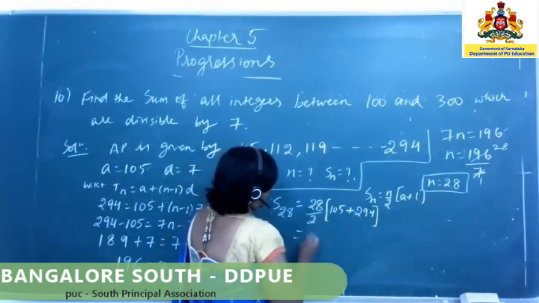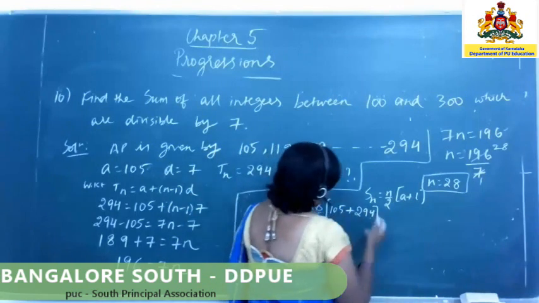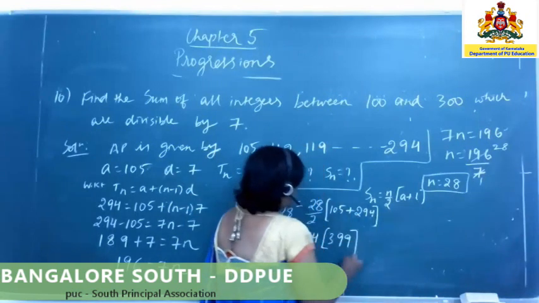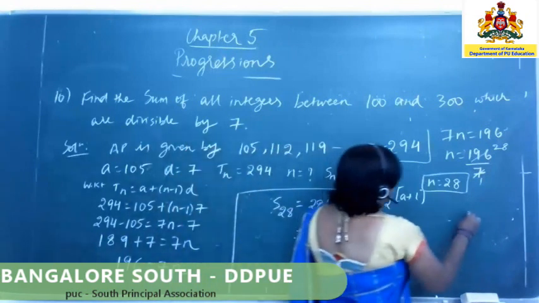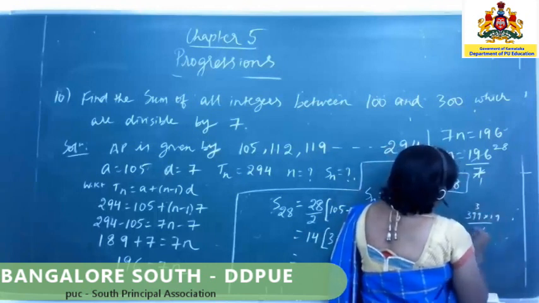So this is 14, and 105 plus 294 is 399. 399 into 14.